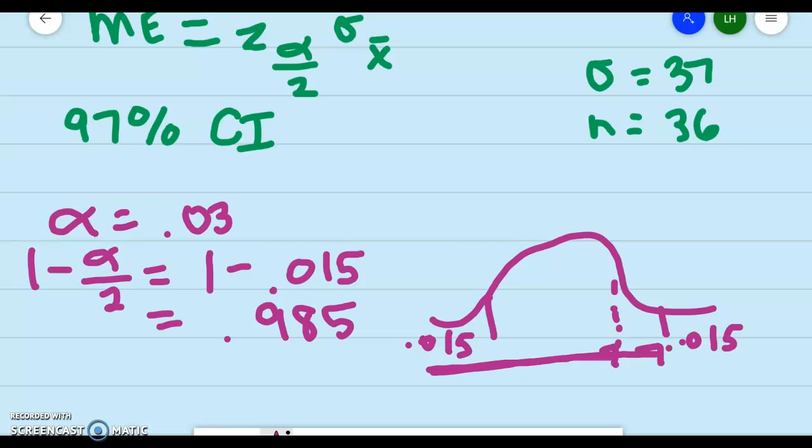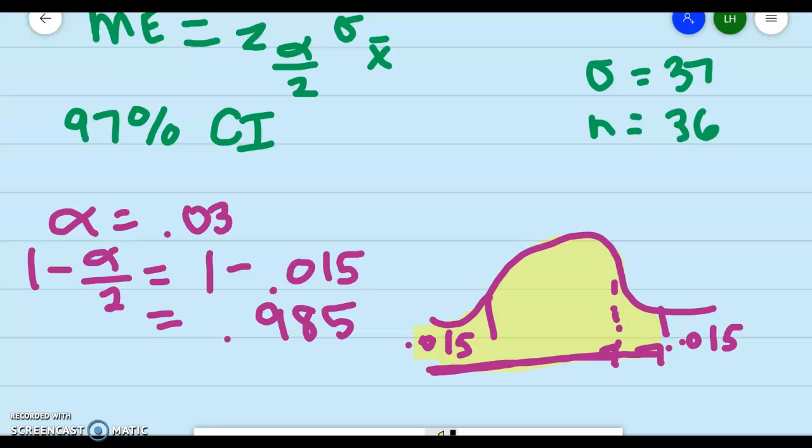So we want to know what z value would go all the way up to this value right here. The table is going to do kind of a reverse phone lookup, basically. I'm trying to find the person's name, which is the z-score, and all I know is the number, 0.985.